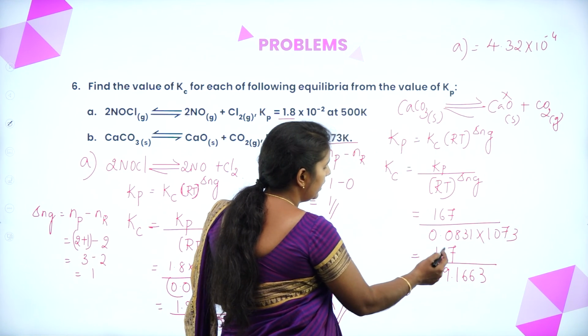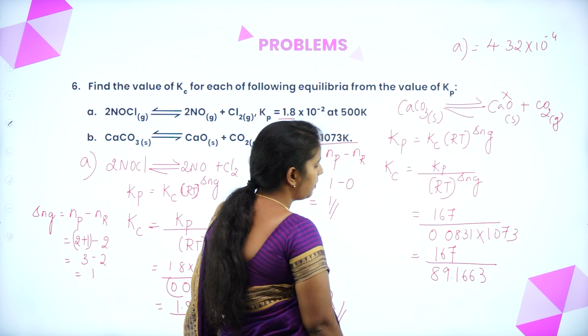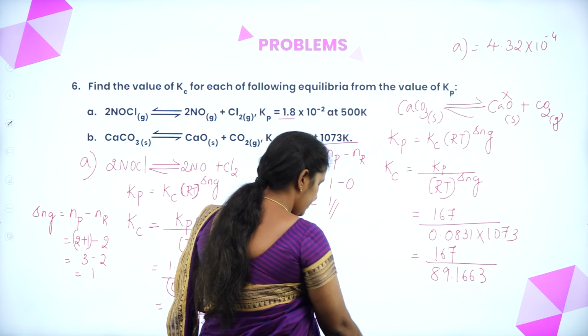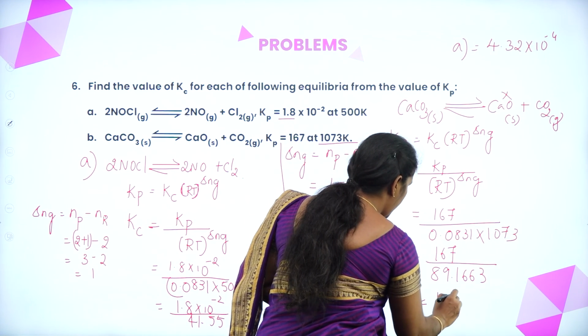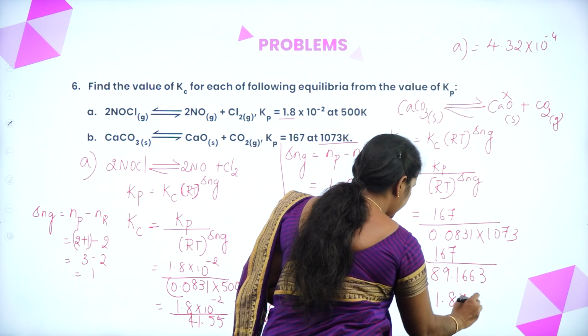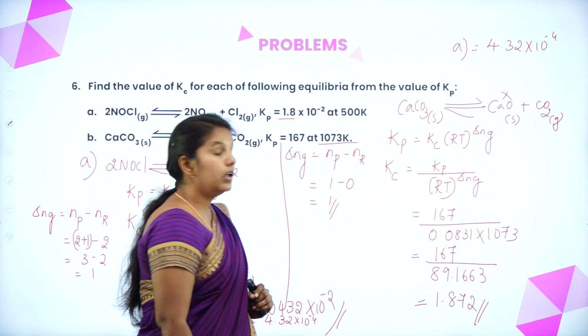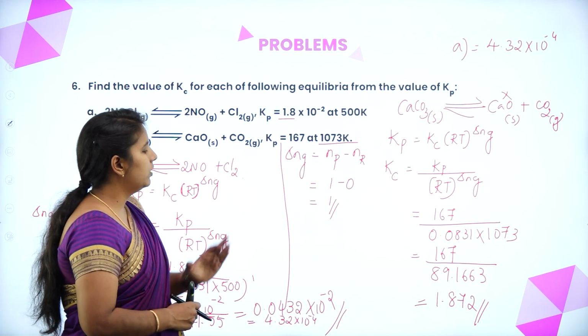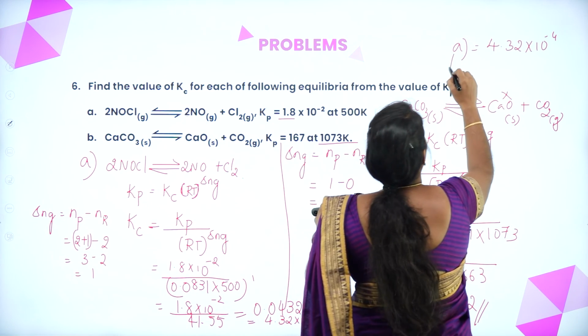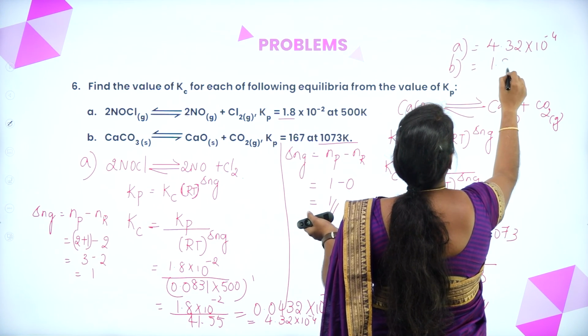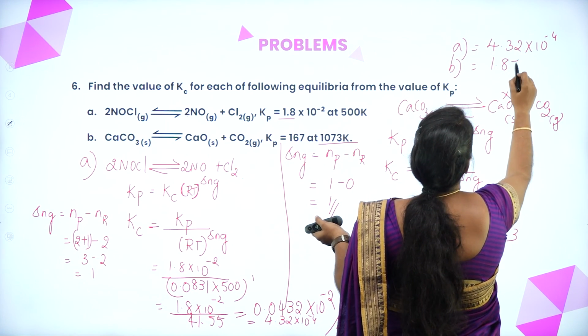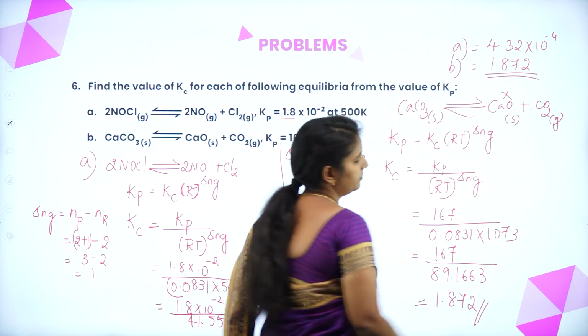Now you divide 167 by 89.1663, you will get 1.872. This is how, for the second question, you will get 1.872 as the answer.